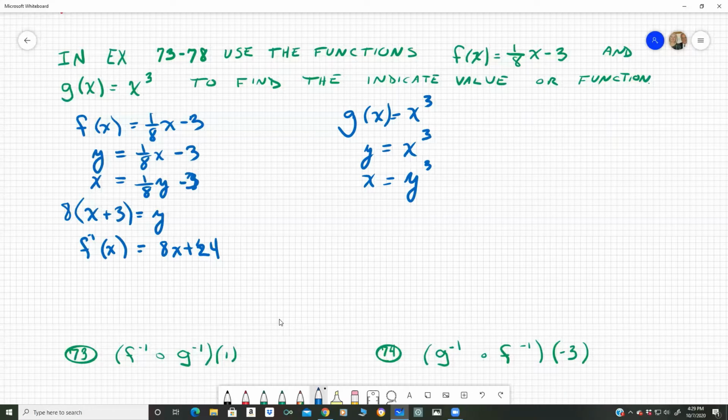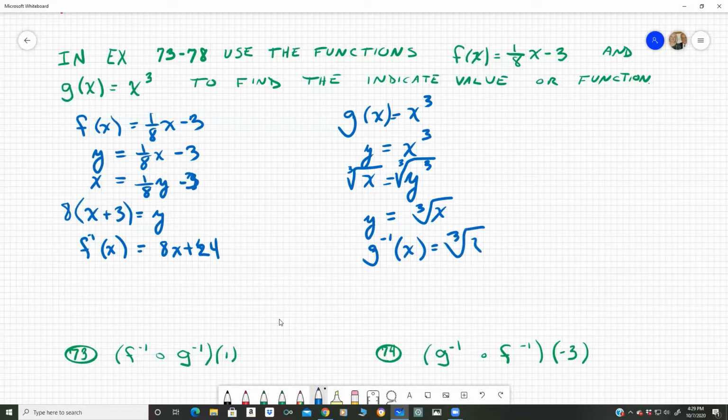So we're going to have to take the cube root of both sides. And we see that the inverse of our g function is equal to the third root of x.